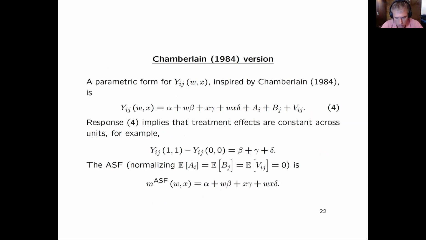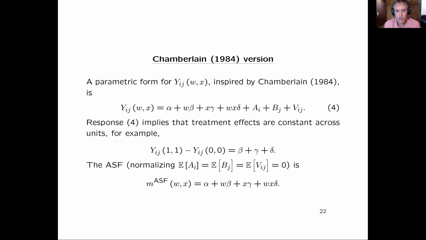Okay, so now I wanted to make a few connections to Gary, and particularly a linear panel data type variant of this setup. So we could imagine imposing a parametric form on this potential response function. And in this setting, the simplest one with x and w being binary takes the form of equation 4, where we saturate the model in the policy variables, and then we introduce the heterogeneity terms in an additively separable way.